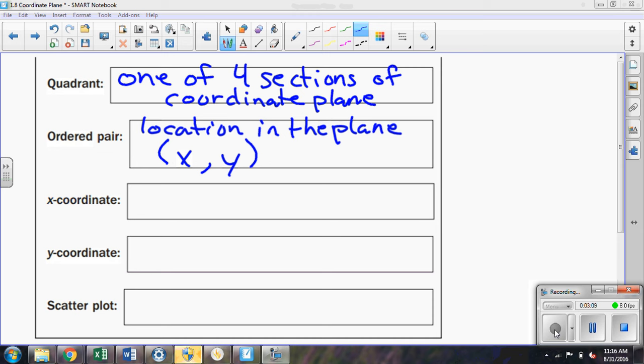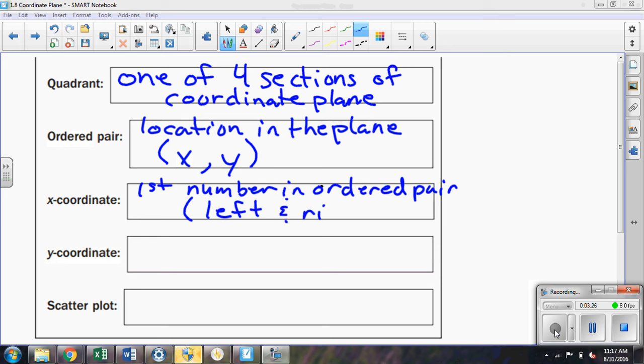Of course, the x-coordinate is the first number in an ordered pair, and you ought to remember it determines how far left and right of the origin you are.